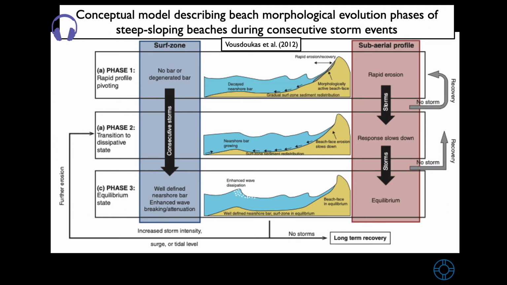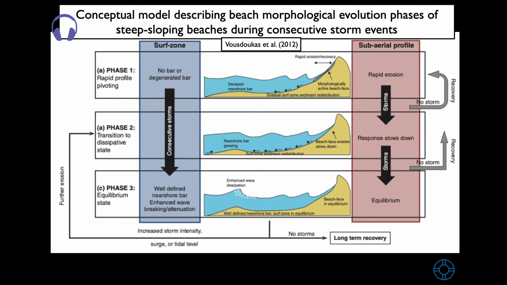Their model shows that if no bar or a degenerated bar is present in the surf zone, then the subaerial profile undergoes rapid erosion and the beach profile evolves to a more dissipative state, including nearshore bar growth. Then, morphological change is restricted to the lower or the submerged profile, where most wave attenuation takes place, and the subaerial profile response slows down.